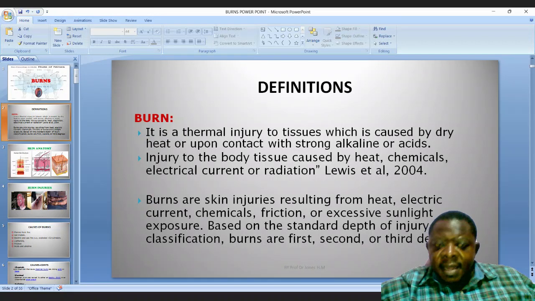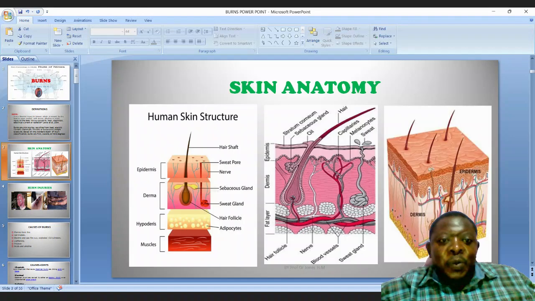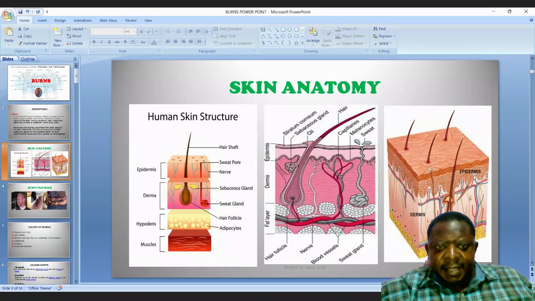Okay, so we have discussed these elements that help us to understand and define a burn injury. Now, let us appreciate the anatomy of the skin so that we can understand the standard depth of injury that burns can be classified in. So, the skin has the epidermis part, which is the topmost part.